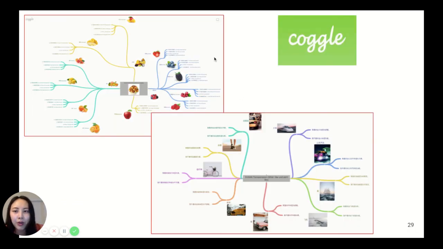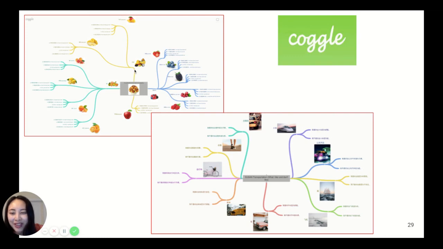And this is Coggle. Coggle is a mind mapping tool, so students can form their thinking and organize their thinking on Coggle. So here you can see this is about the fruits. So talk about fruits and preferences, what fruit you like and don't like, and give a reason.